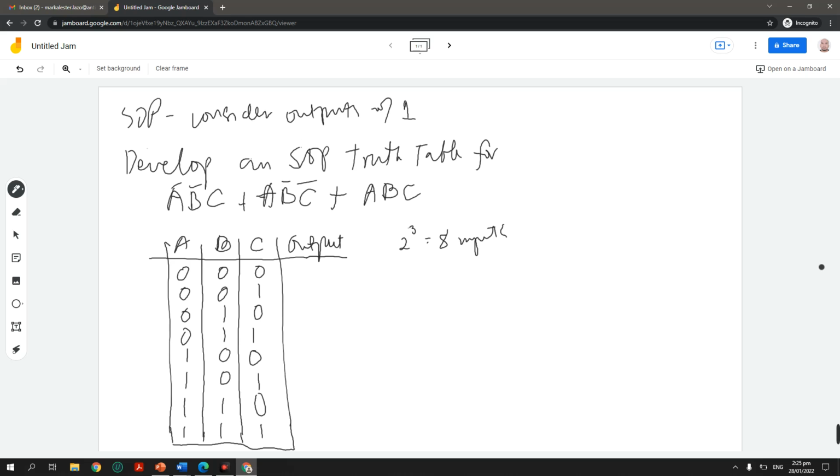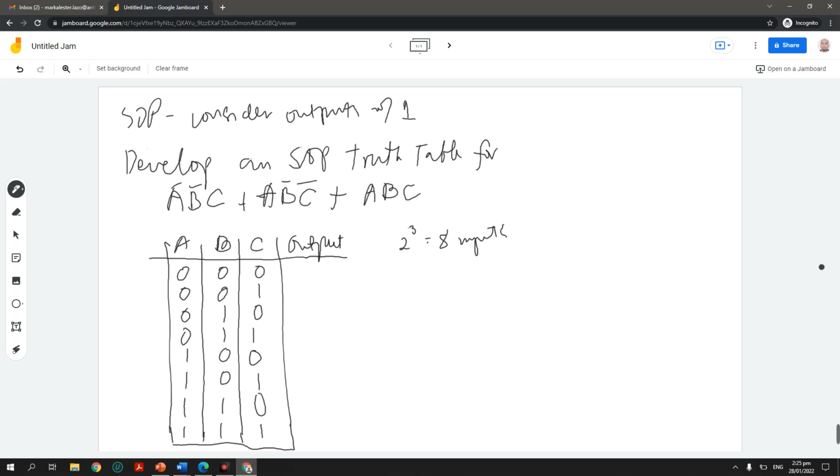As we have mentioned, in developing an SOP truth table, we are considering the outputs with 1. So in which combination will it give an output of 1?